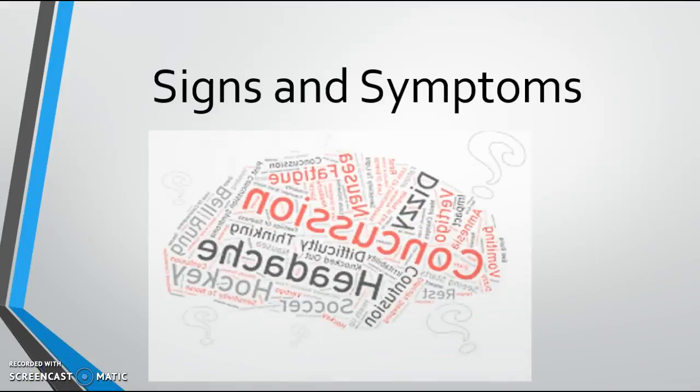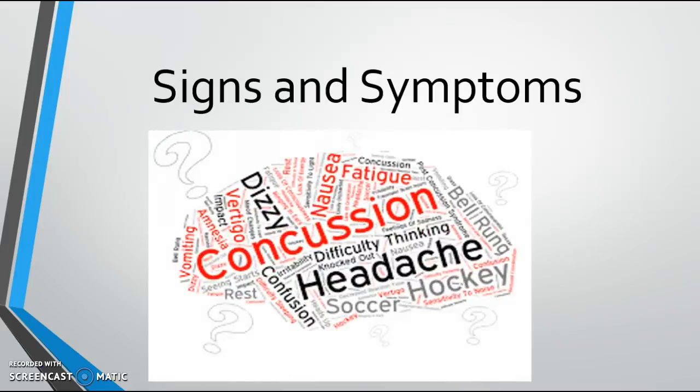When you're out on the field, you want to have 10 off the top of your head that you can remember to ask right away. The biggest thing to remember is headache, because the biggest sign of a concussion is having a headache. That's probably one of the key symptoms that they will have.